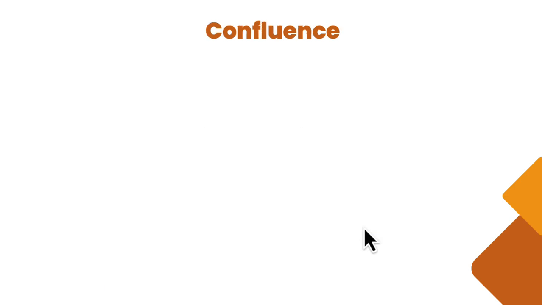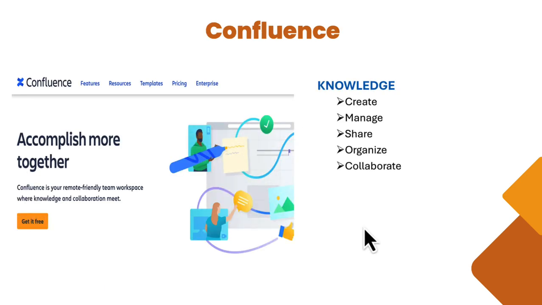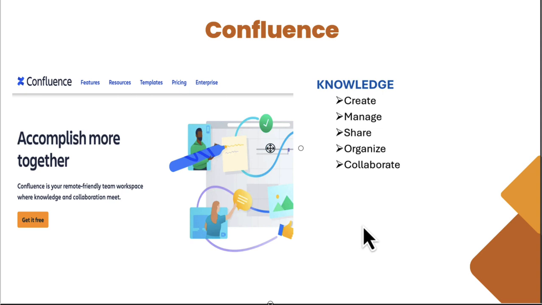First of all, Confluence. Confluence is a team workspace for managing content that allows users to create, manage, share, organize, and collaborate on content related to projects, documentation, ideas, and more, all within a centralized platform.